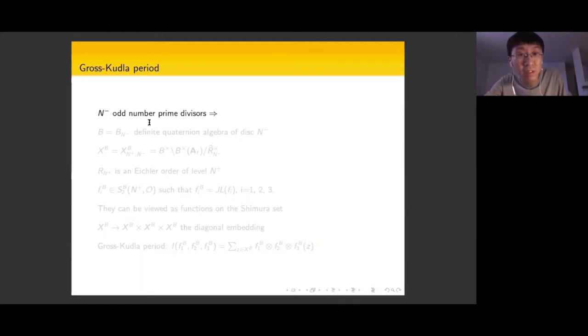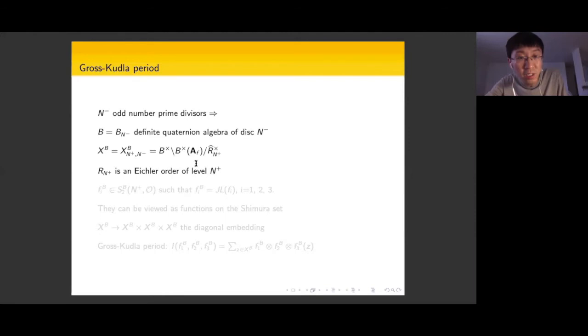Remember we're in the definite case, so N minus has an odd number of prime divisors. This means there is a definite quaternion algebra with discriminant N minus, and we form this double coset, which is finite. We refer to it as the Shimura set, denoted X^B.